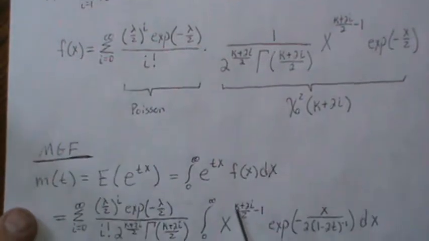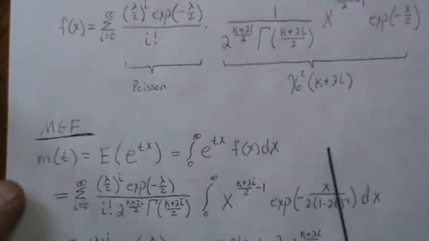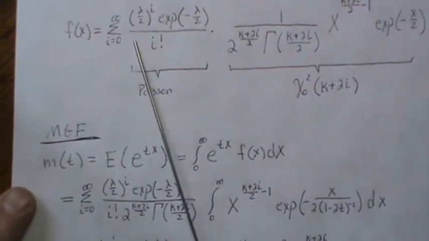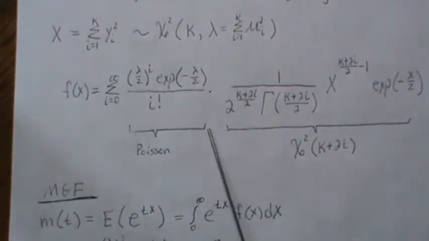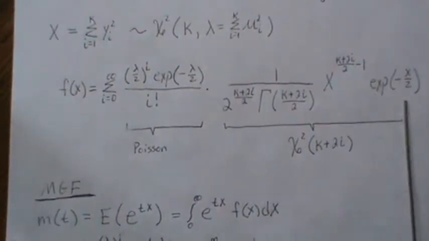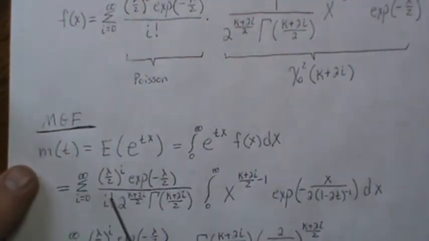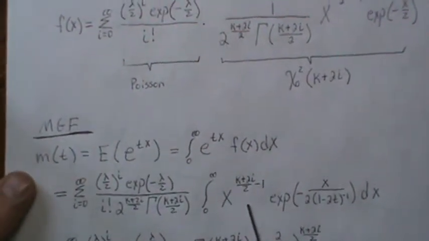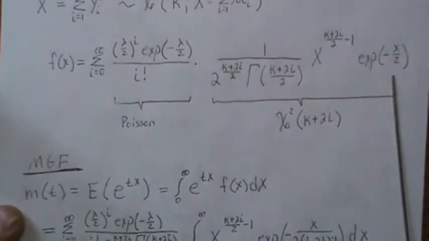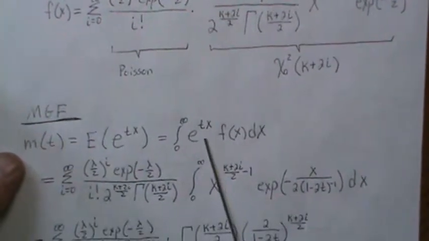So now let's do that. Since this is the density, and we're integrating over x, anything that's not an x will come outside the integral sign.